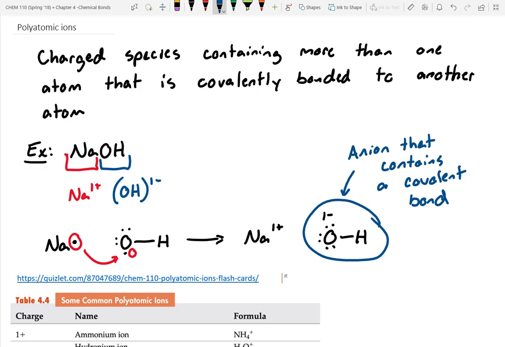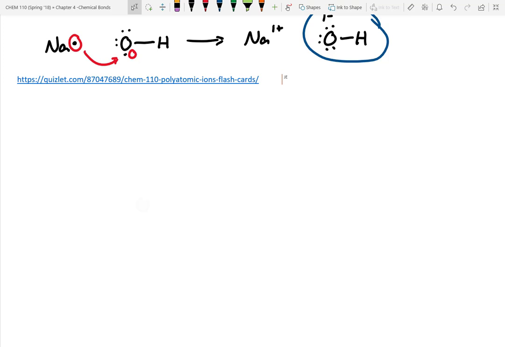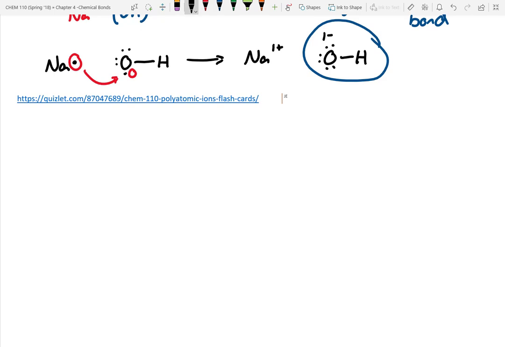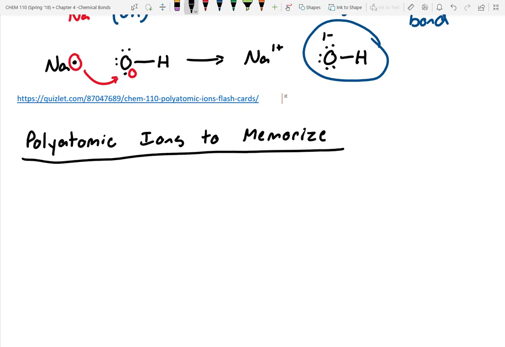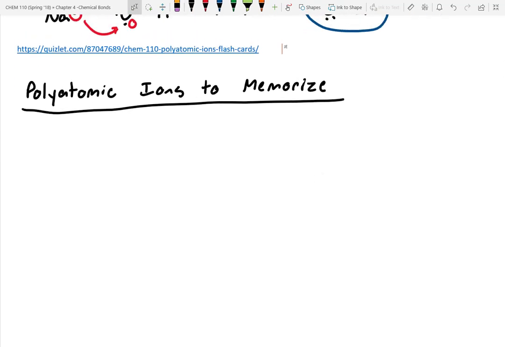I'm going to actually go ahead and delete this table because it's a little bit overwhelming. And I'm just going to draw out the ones I want you to remember. And these aren't very easy to memorize, I'll be honest with you, but what I did up here is I've got a Quizlet link.